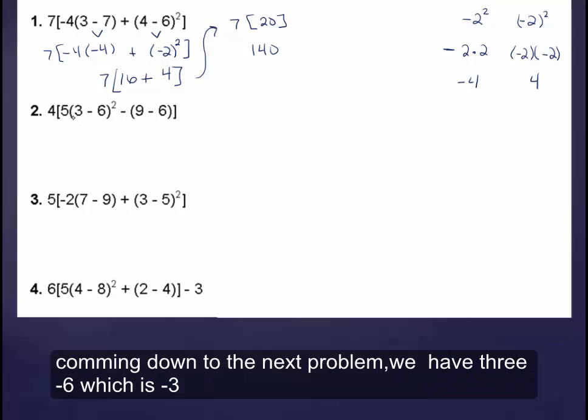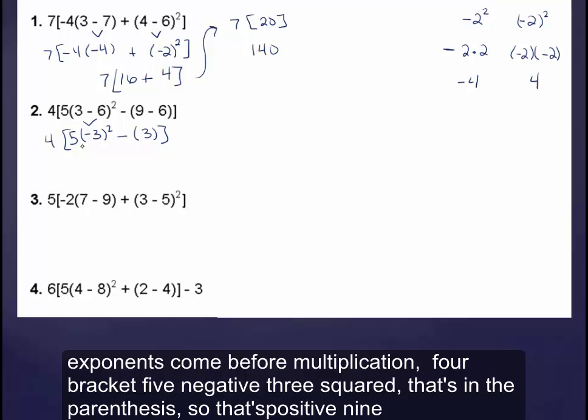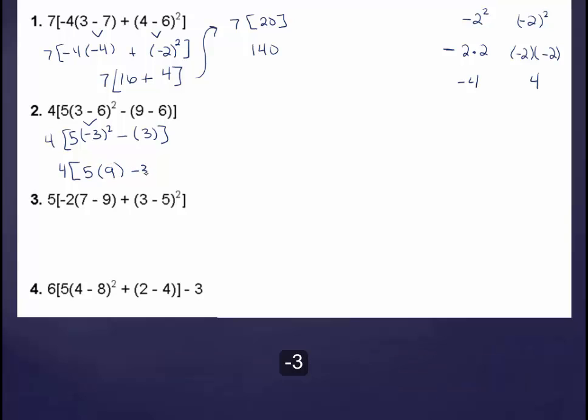Coming down to the next problem, I have 3 minus 6, which is negative 3. 9 minus 6 is positive 3. Exponents come before multiplication, so I have 4, bracket 5, negative 3 squared, that's in the parentheses, so that's a positive 9 minus 3.